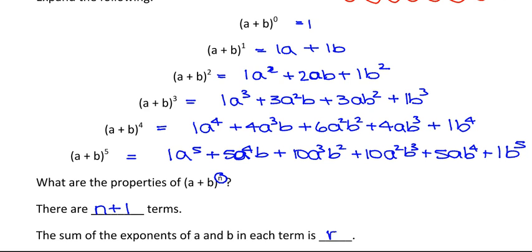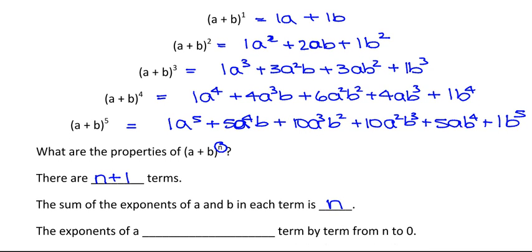So what happens to the exponents of a as we go term by term? Let's just take a look at the last row here. Here the exponent of a starts at 5, then goes to 4, 3, 2, 1, and in our last term we don't see a. Well, that's because really in the previous term this is a to the power of 1.